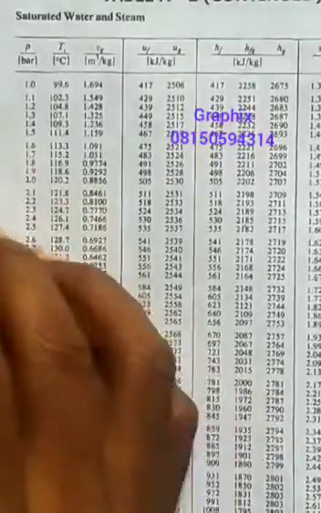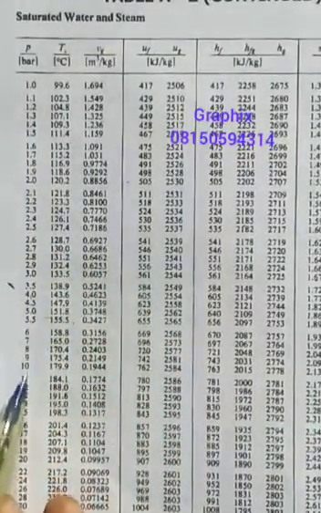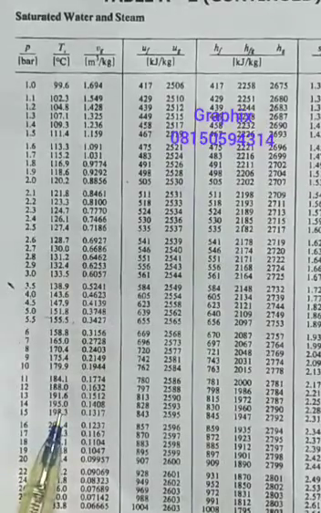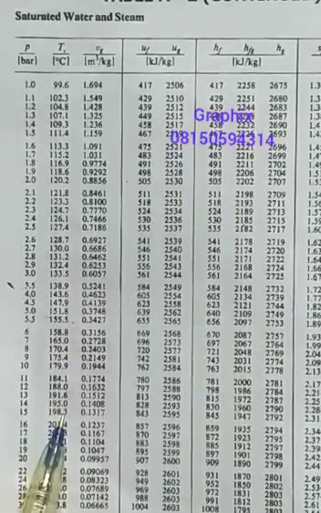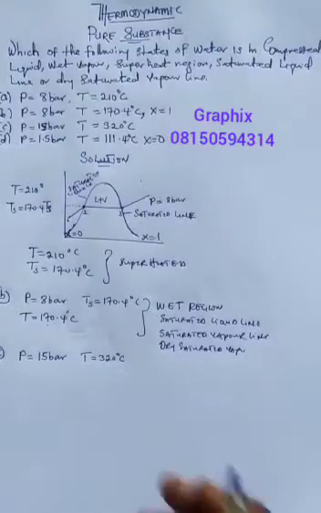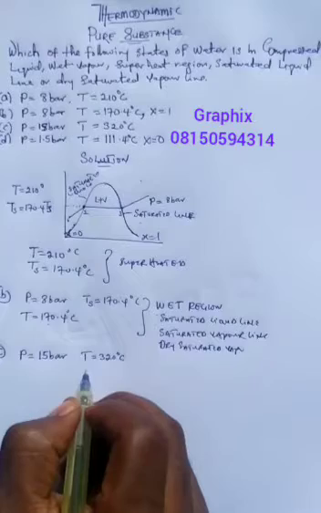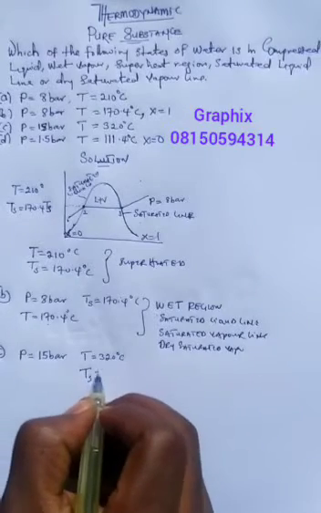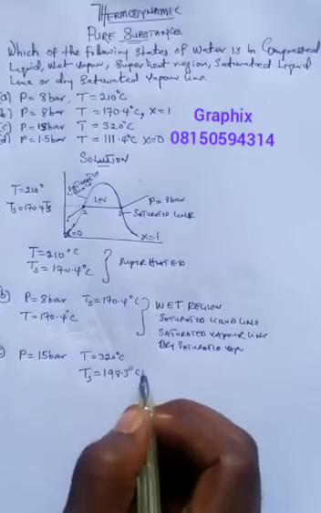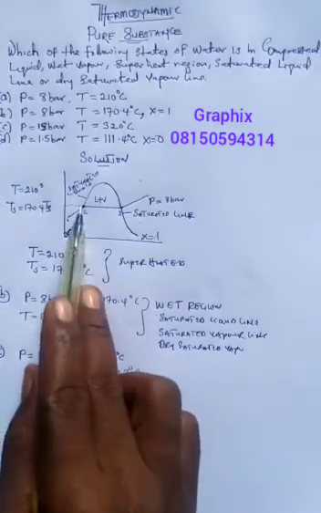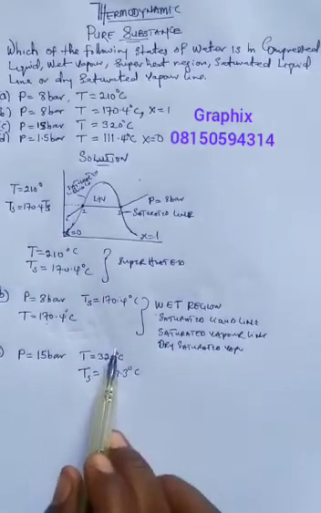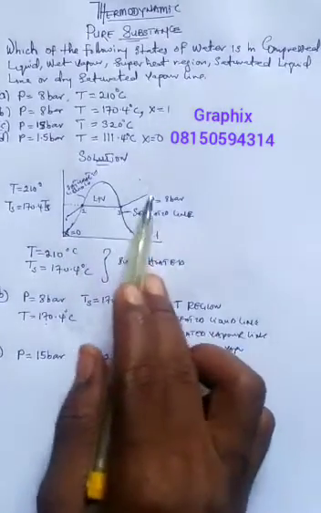Pressure at 15 bar is this, and the corresponding temperature is 198.3 degrees Celsius. So my TS is equal to 198.3 degrees Celsius. It means that the saturation temperature is 198, while the given temperature is 320, so it is far ahead here, right?